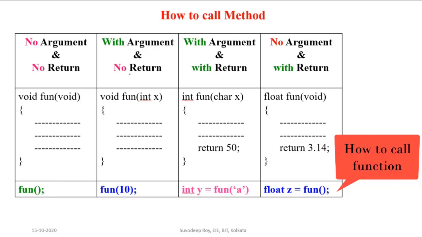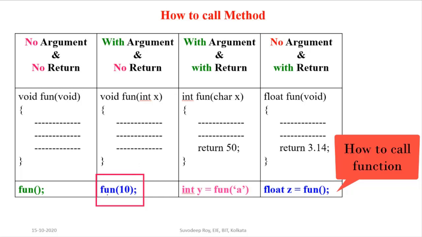Next, with argument and no return. There is some argument which is X. This is the input and the type of input is integer. So we must pass a value to this function. The value as input should be given to the function. How will we give the value? Just inside this parenthesis the value should be given.